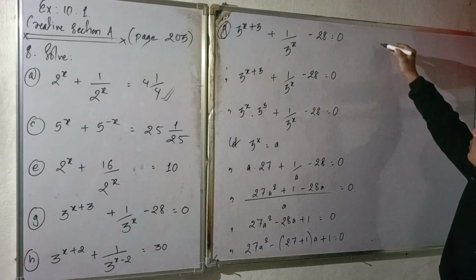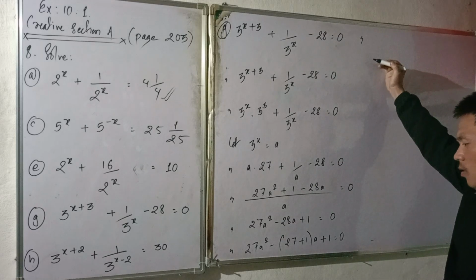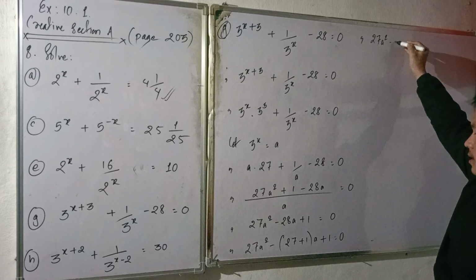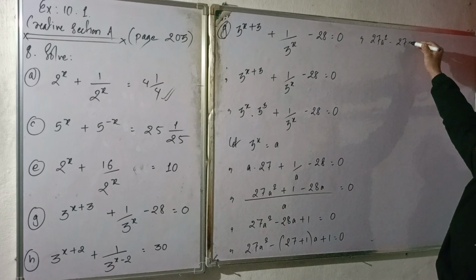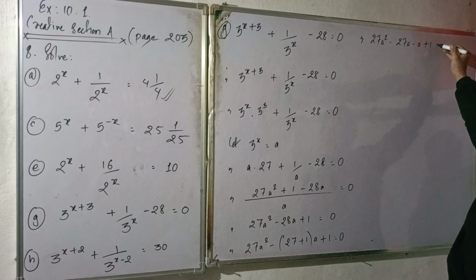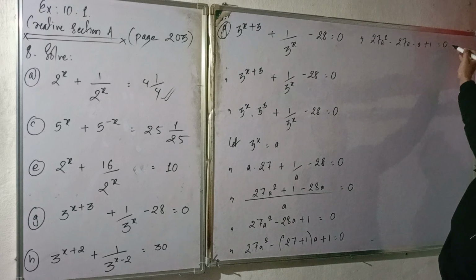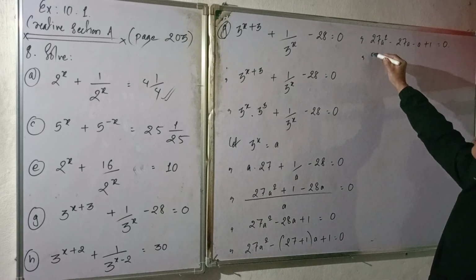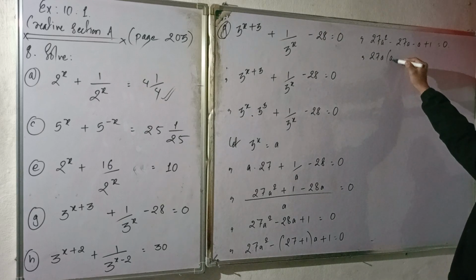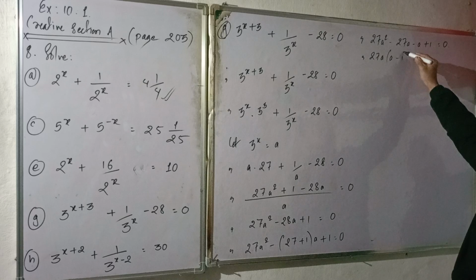27a square minus 27a minus a plus 1 is equal to 0. Now you can take 27a common inside the bracket, there will be a minus 1.